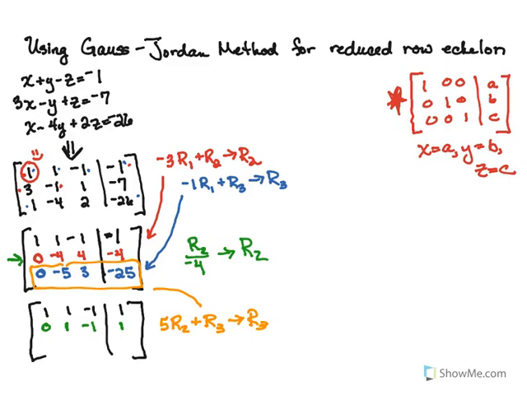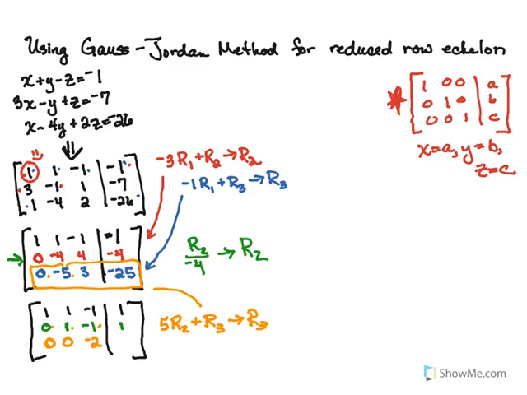So that's going to be 5 times 1 plus a negative 5, which gives me that 0. Now 5 times 0 plus 0, obviously that's just going to be 0. And then I keep going. So I have 5 times a negative 1, which is a negative 5, plus 3, which is going to give me a negative 2.